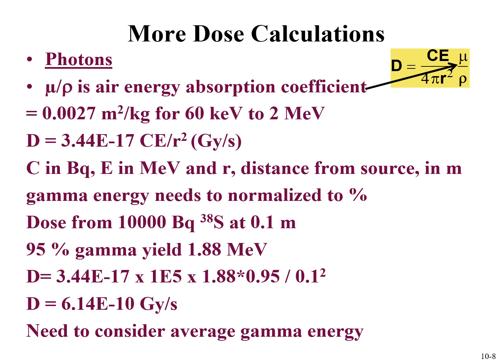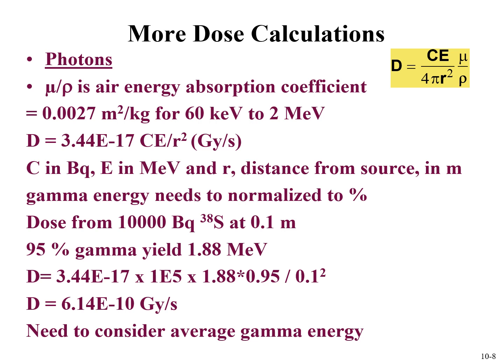We can take our dose term here, and we can rearrange it into grays per second as we did for beta and alpha particles, and we get a value that is shown here, 3.44 times 10 to the minus 17 times C, which is our activity in becquerel, times E in MeV, divided by r squared, where r is a distance in meters.